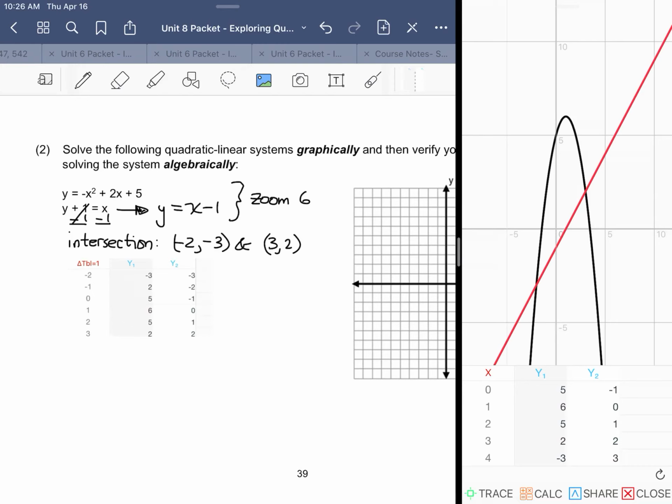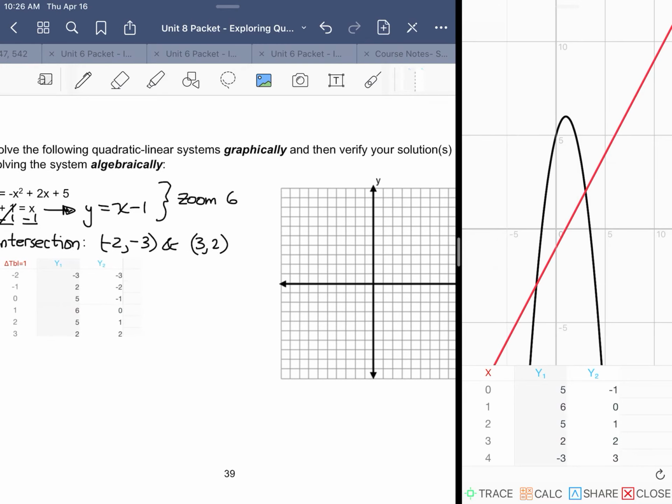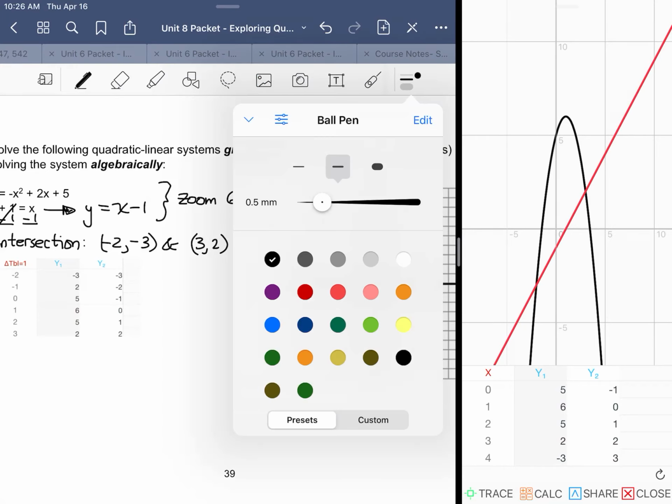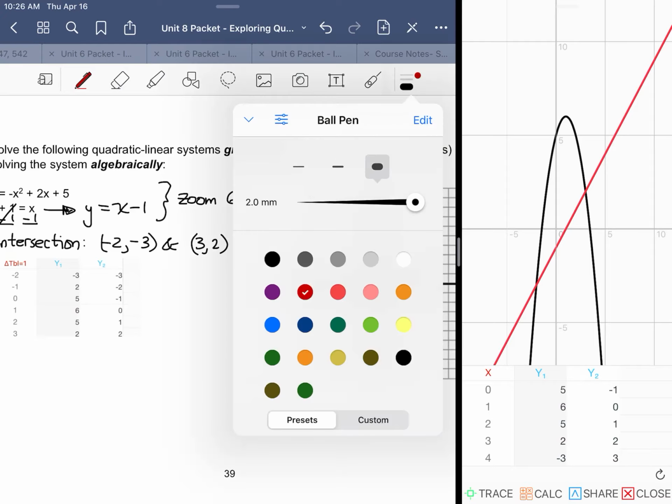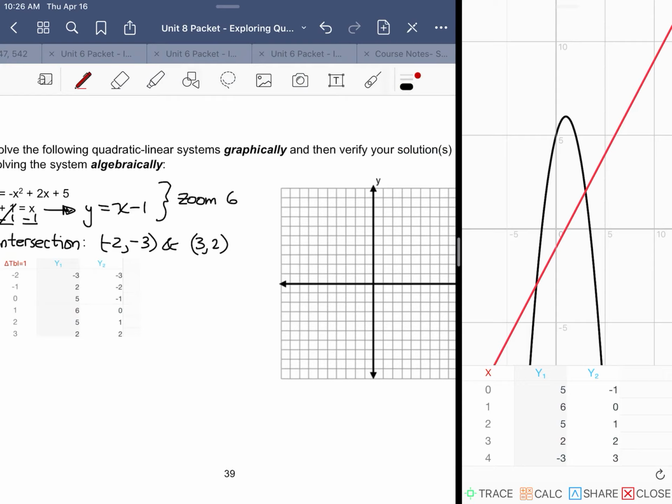I'll go red for the line, and I'll go black for the parabola to try to keep it somewhat consistent with what we have on my calculator.